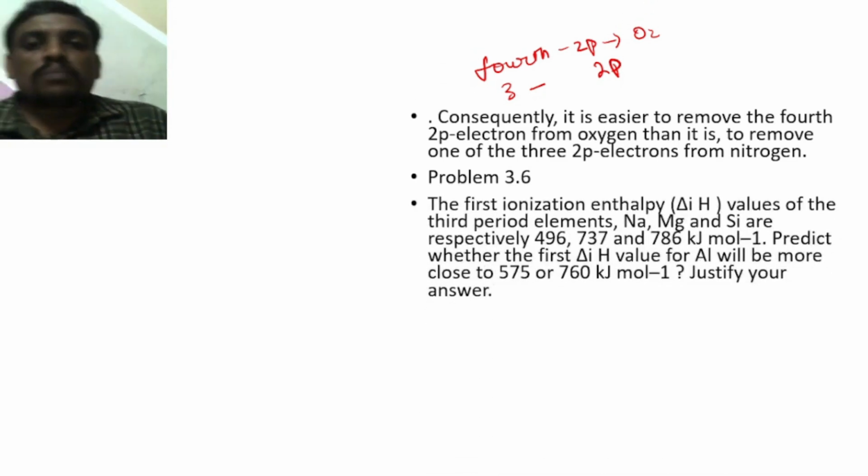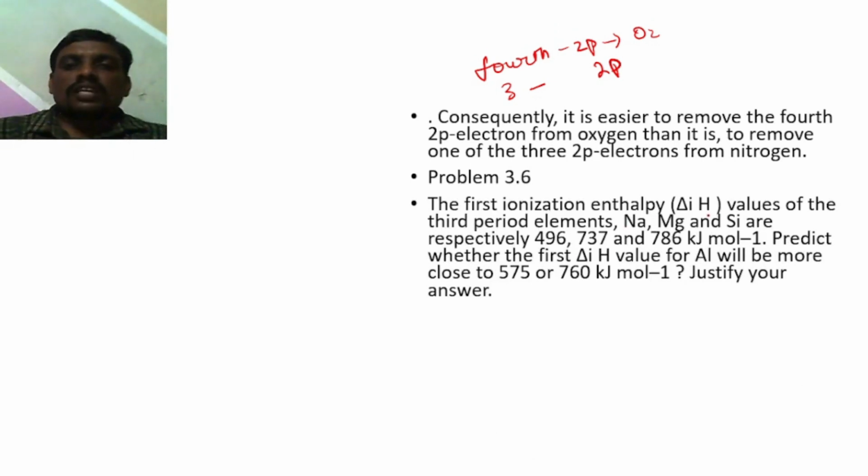We have a problem here. The first ionization enthalpy, delta i H, values of the third period elements sodium, magnesium and silicon are respectively 496, 737 and 786 kilojoules per mole. Predict whether the first delta H value for aluminum will be closer to 575 or 760 kilojoules per mole.